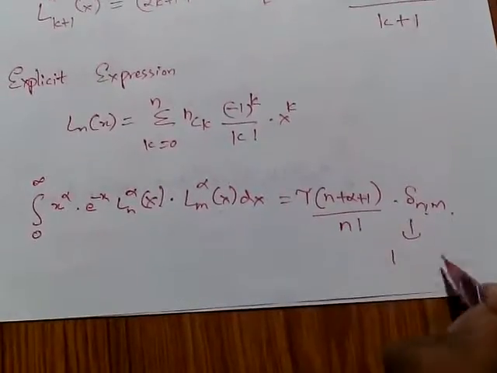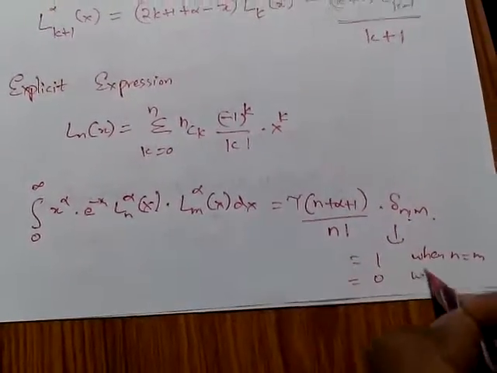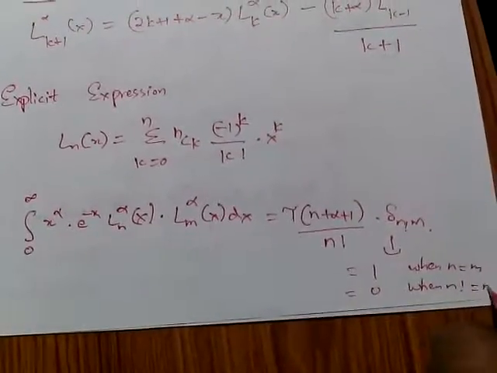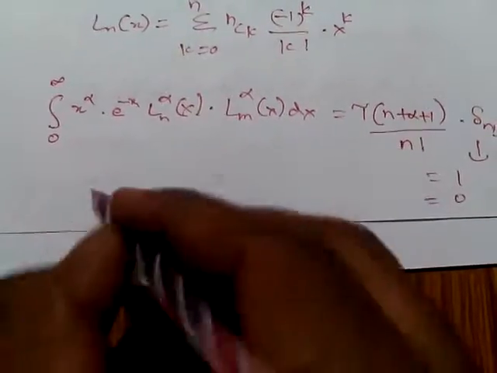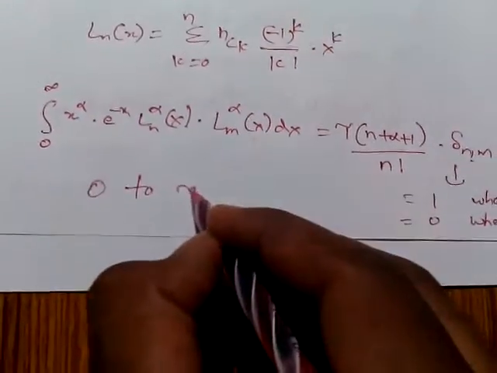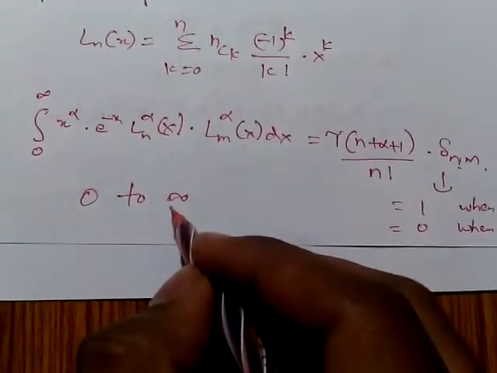As we know that it is 1 when n equal to m, it is 0 when n not equals to m. It is orthogonal over 0 to infinity with respect to measure its weighting function.